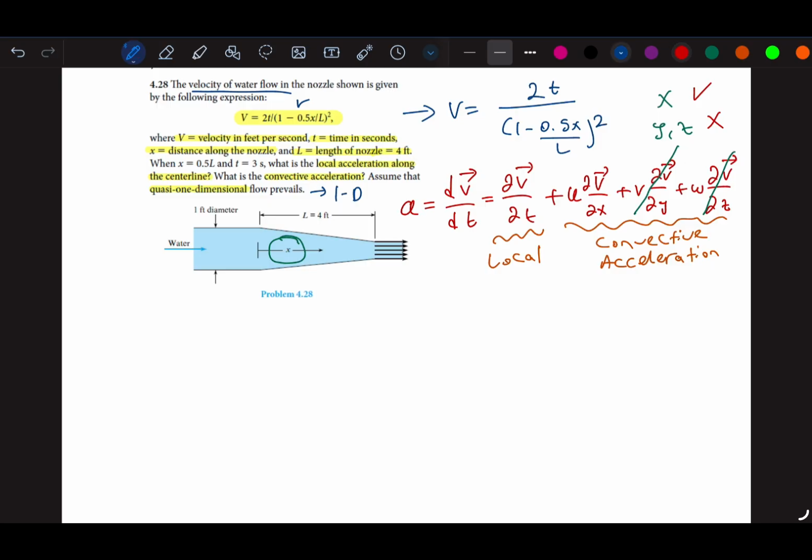So let's first start with local acceleration, because the question asks what is the local acceleration along the center line. So as local, we only have dV over dt.